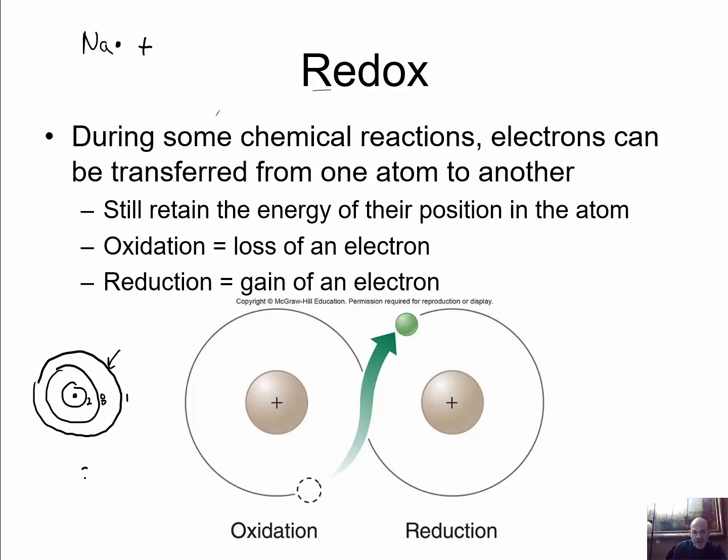So again, that's 2 in the inner level, 8 in the next level, so that's 10, and then 7 in the third level, and that would total 17. But all I'm interested in is that outer level, and that's all I'm going to draw here. So chlorine has 1, 2, 3, 4, 5, 6, and then 7.